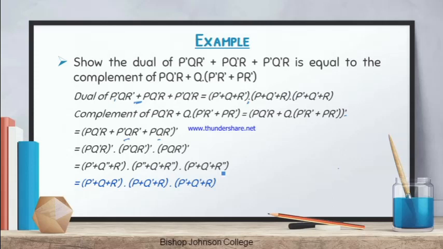Now the double bar will be removed, so finally it is the complement. As you can see, the dual form is the same as the complement, hence proved. So it is equal to its complement.